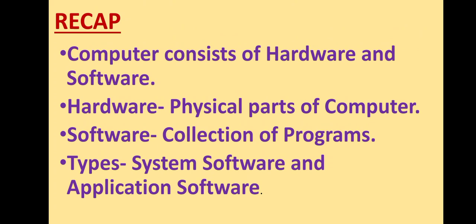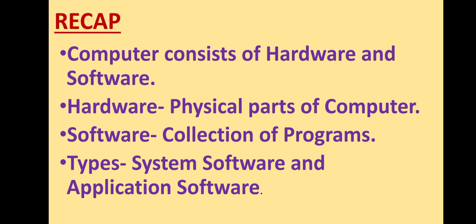Now let us recap the important points that you have learned in today's lesson. Computer consists of hardware and software. All physical parts of a computer are referred to as hardware.